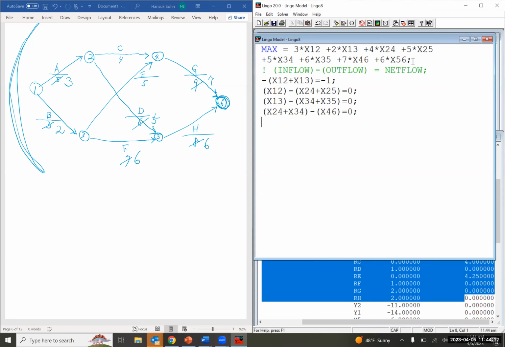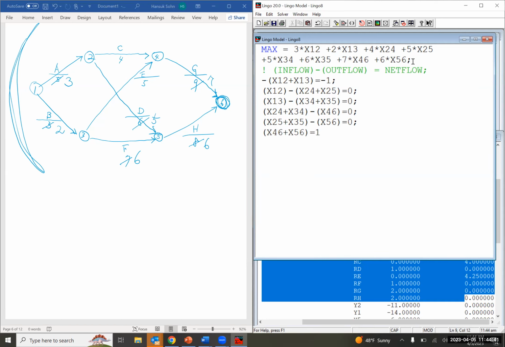And event number 5, we have 2 inflows, x25, x35, 1 outflow, x56, right? Equals 0. And for event number 6, we have 2 inflows, x46, x56, but there is no outflow.